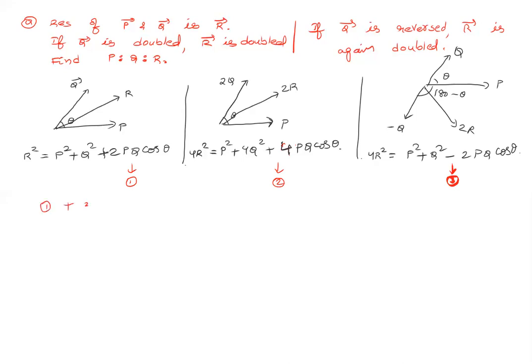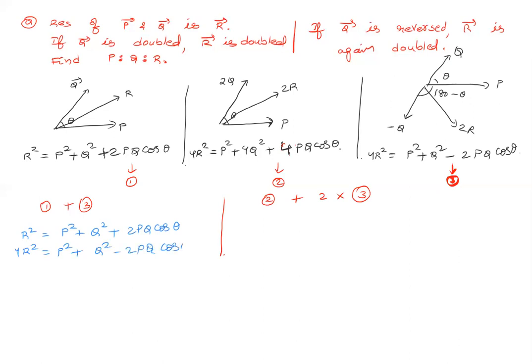So for that I'll do 1 plus 3, and I'll do 2 plus 2 times equation 3. So you will get r square is p square plus q square plus 2pq cos theta, and from 3, 4r square is p square plus q square minus 2pq cos theta. Now if you simplify, plus and minus will go off, you will get 5r square is equal to 2p square plus 2q square.